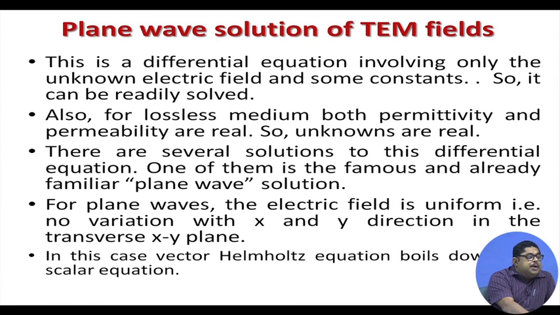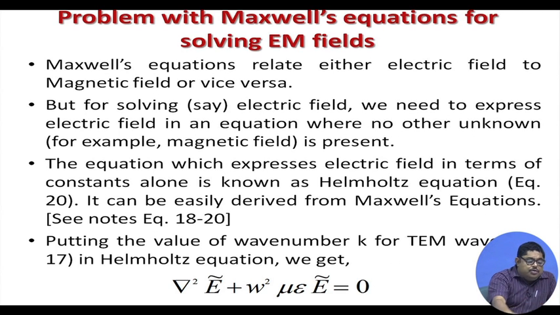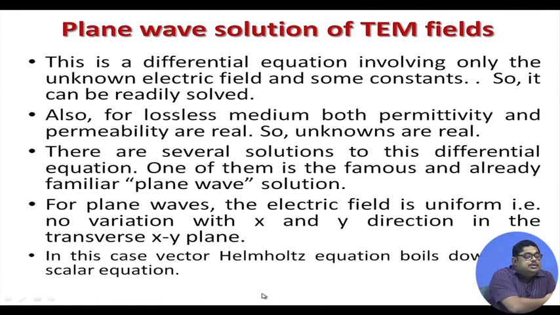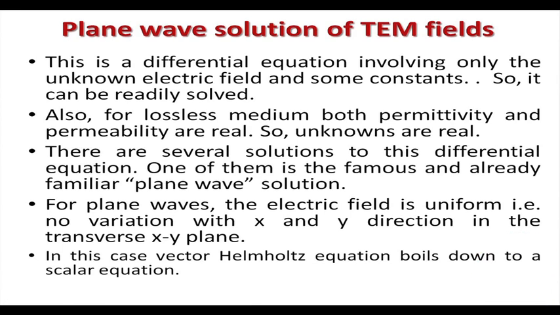So, in that case permittivity and permeability both are real. So, among these terms, omega square is definitely a real quantity, and the product mu epsilon is a real quantity. So, this whole constant is real. So, we can always solve for this.